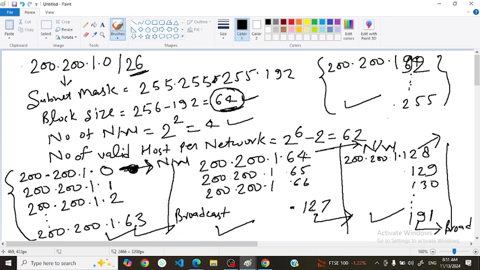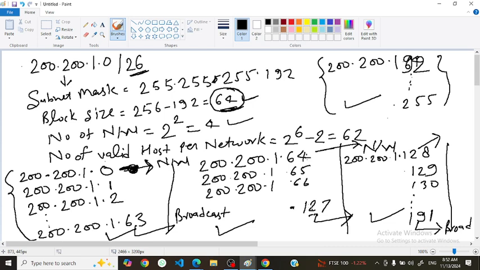First will be the network ID and last one the broadcast ID, so 62. The next one starts from 64 to 127. Is it clear for everyone?